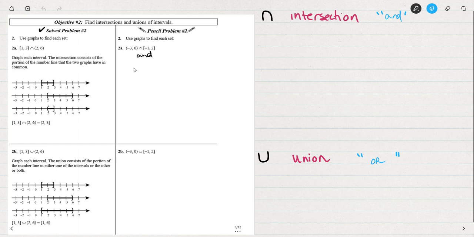Here's how we could approach this. I'm going to draw the number line for the -3 to 0 and match it up to the -1 to 2. So I'm going to put all of the numbers on both number lines.